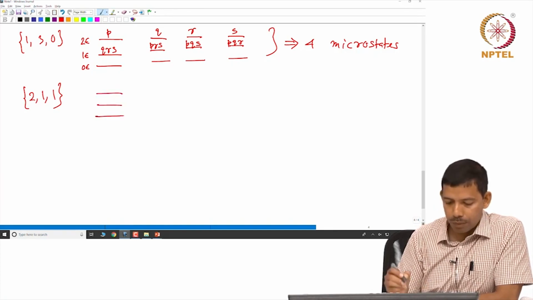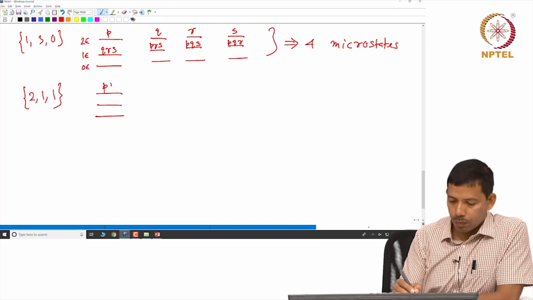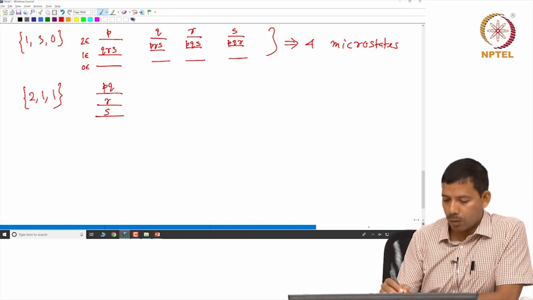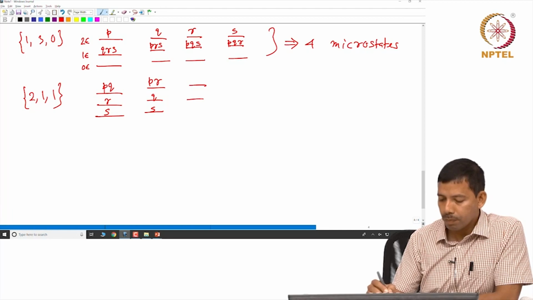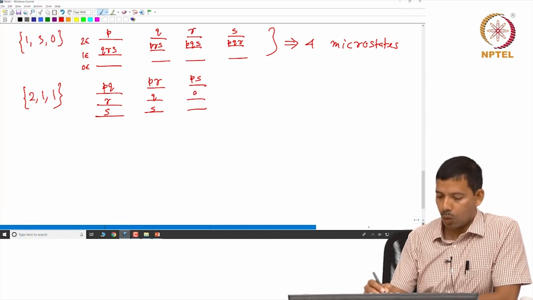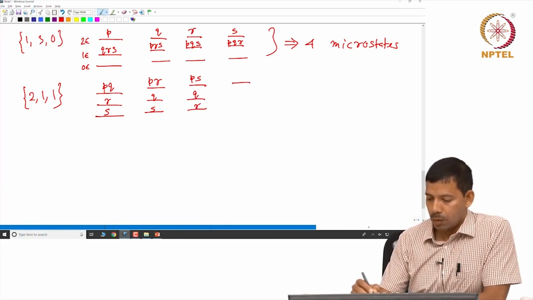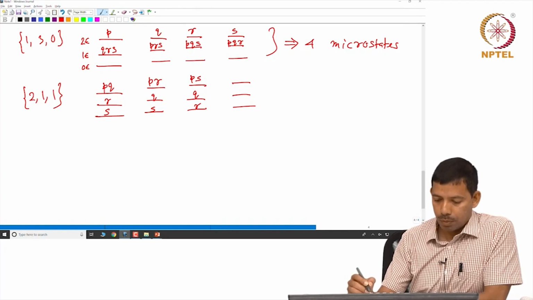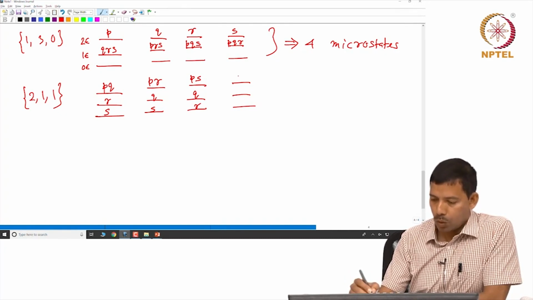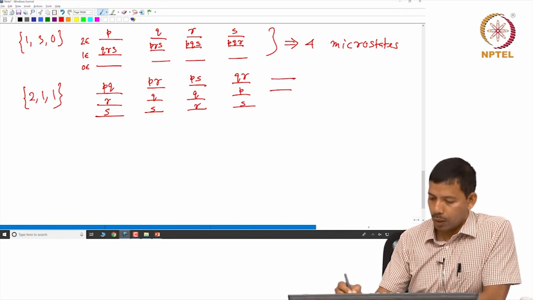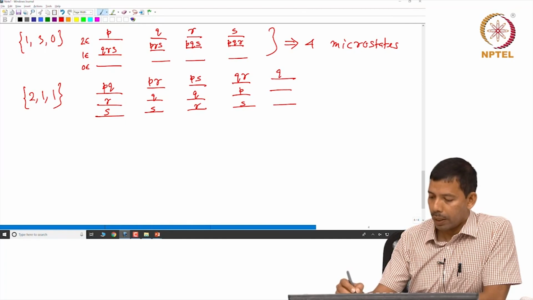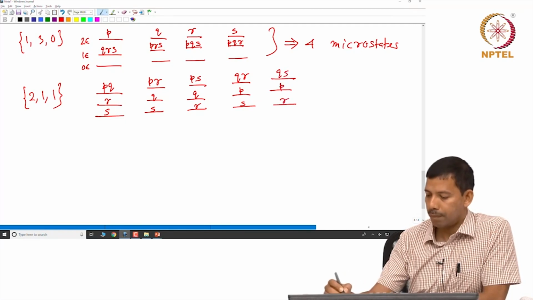So we can have PQ, RS, we have PRQS, we have PS, QR, and then we have QR, PS, we have QSPR.